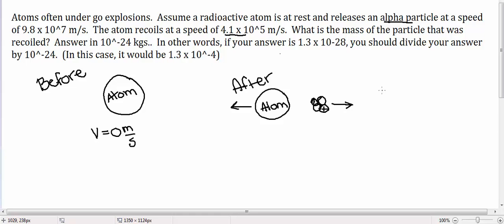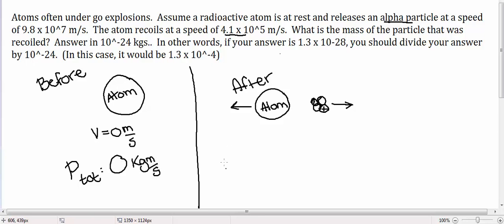Since this is an explosion, we know that before the collision occurred, the total momentum of the entire system, since it was at rest, is simply the momentum of this atom, and the atom was at rest, so the momentum is 0. This means that after the explosion, the total momentum must still add up to 0.